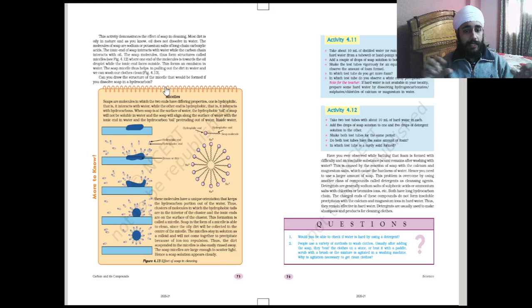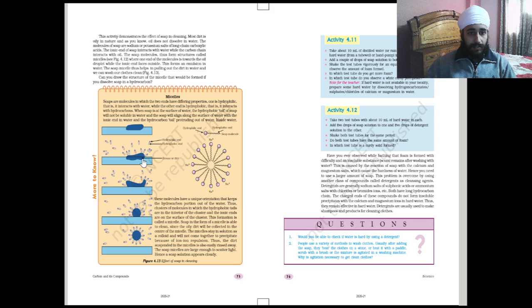This formation is called a micelle. So this whole is the structure of the micelle, and it is like this. There is a dot attached to the cloth, grease or dirt, and this end is the hydrophobic and this end is the hydrophilic. The hydrophobic interacts with the hydrocarbon atoms, so it attaches in this way.